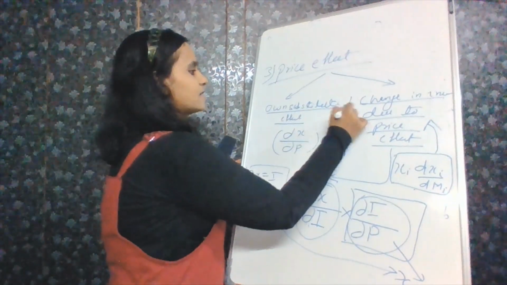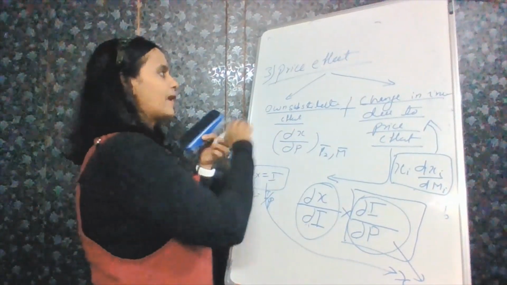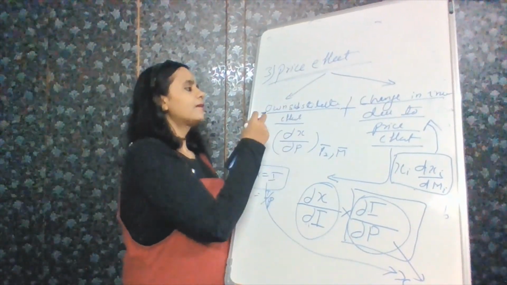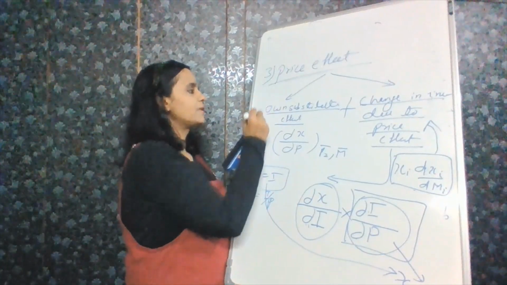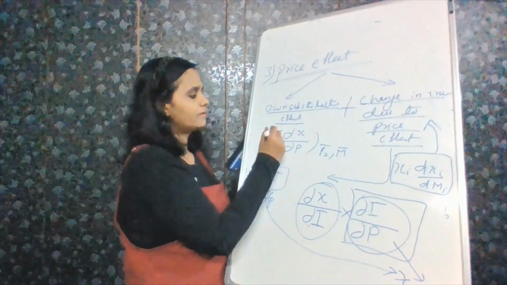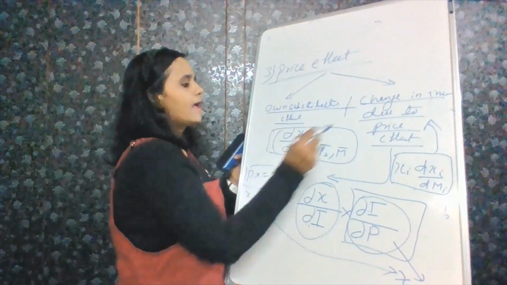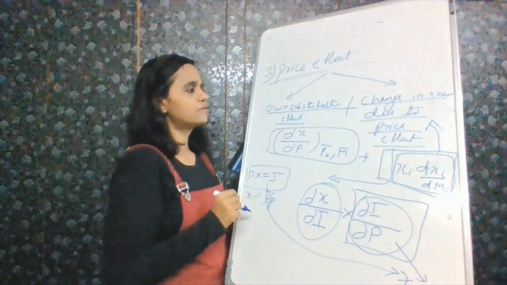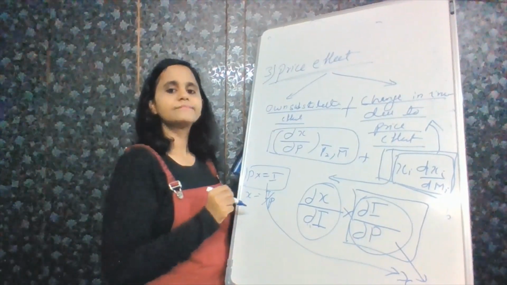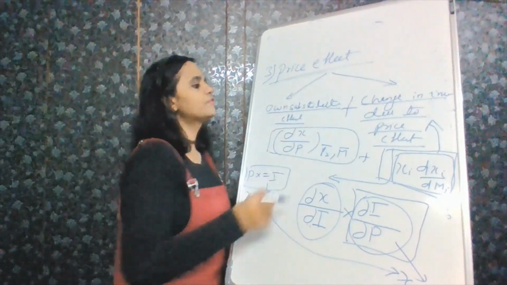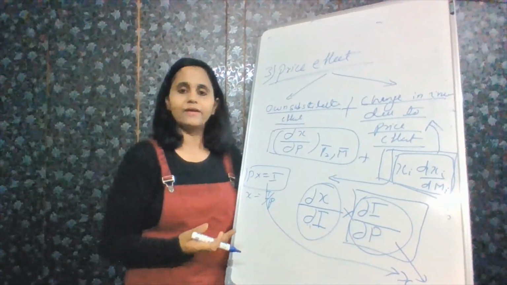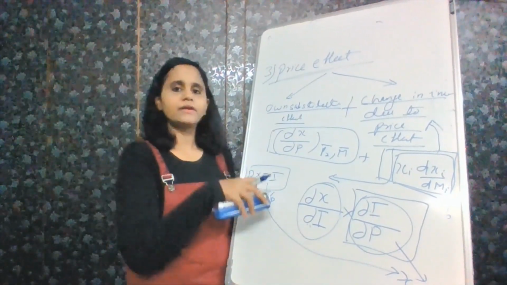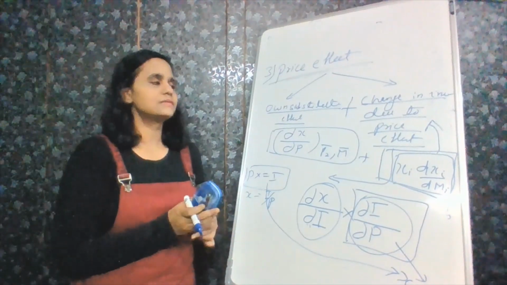That's your Slutsky theorem, which says the price effect of a change in the price of one good is equal to the summation of your own substitution effect, which is this, plus this. This is your Slutsky theorem, which we will prove later, in the part where we are discussing the Slutsky.